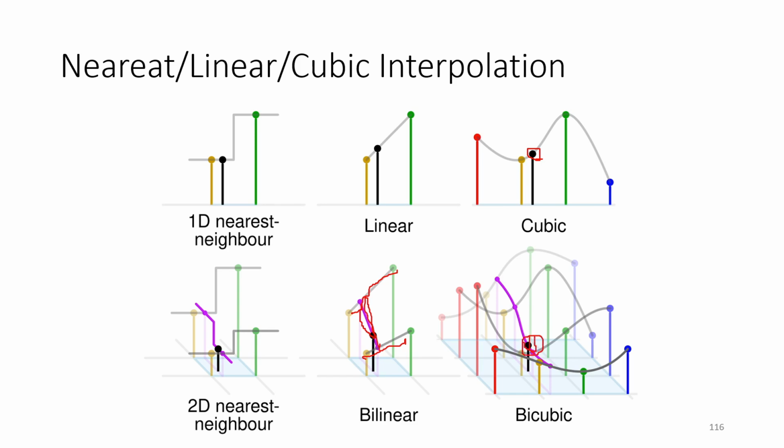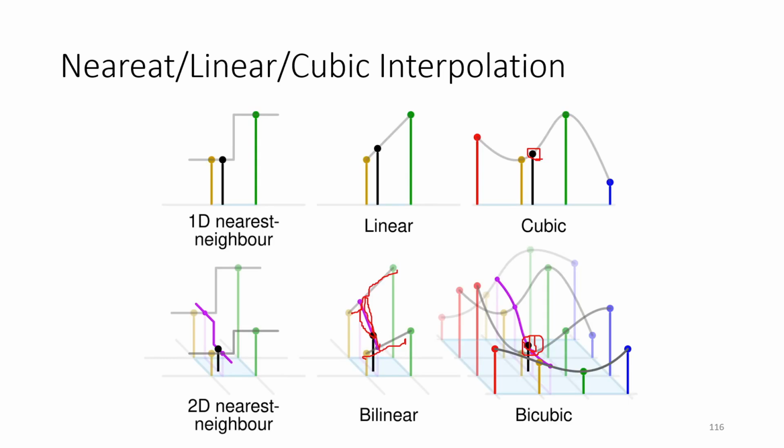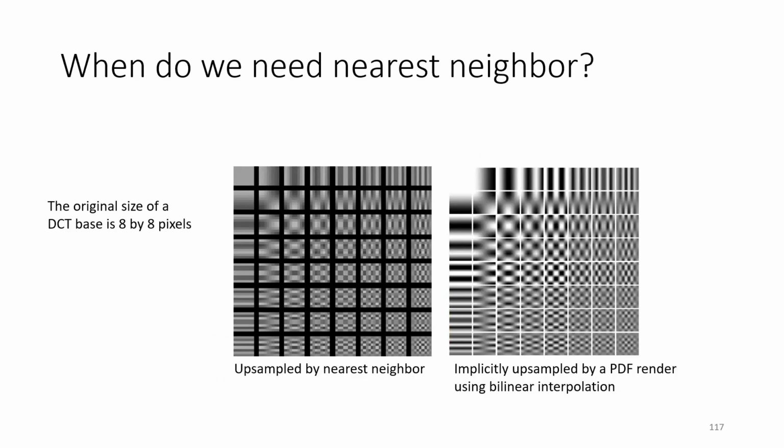So the question is, why do we need the nearest neighbor? The nearest neighbor is the simplest one. Just borrow the pixels from nearby pixels.